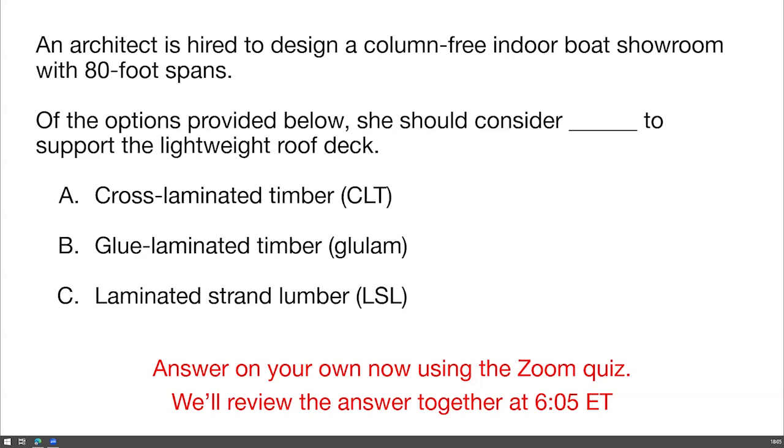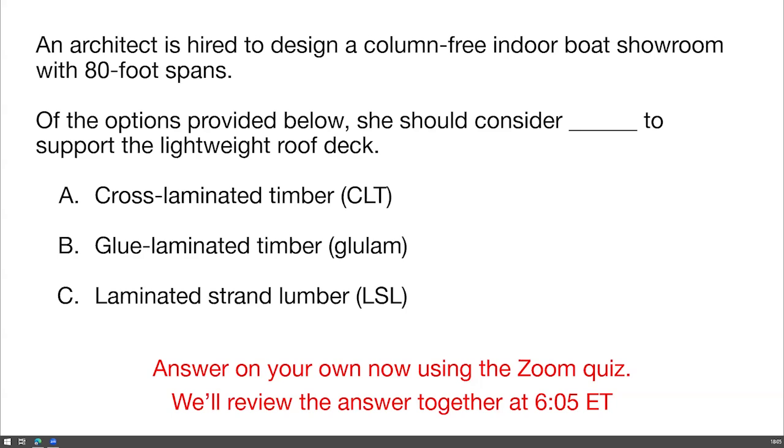The question on the screen reads: an architect is hired to design a column-free indoor boat showroom with 80-foot spans. Of the options provided below, she should consider blank to support the lightweight roof deck.